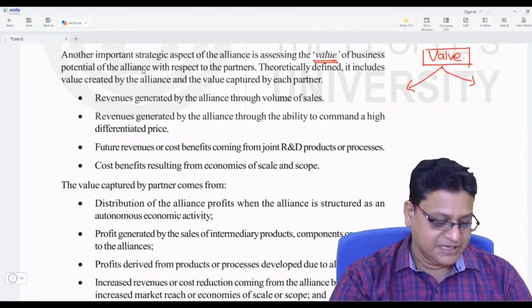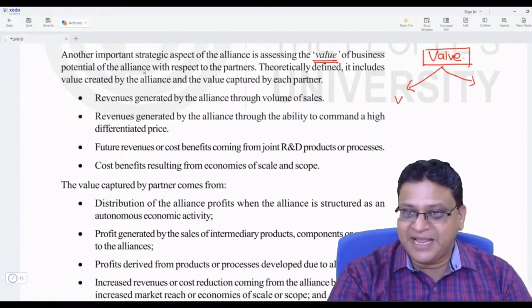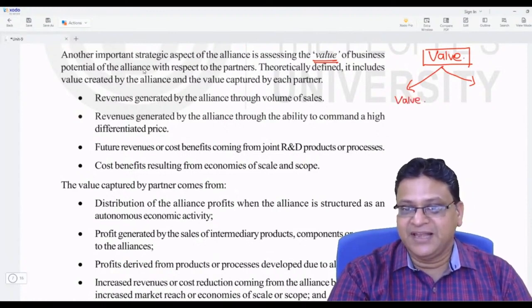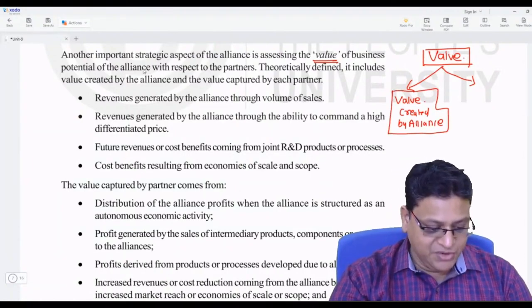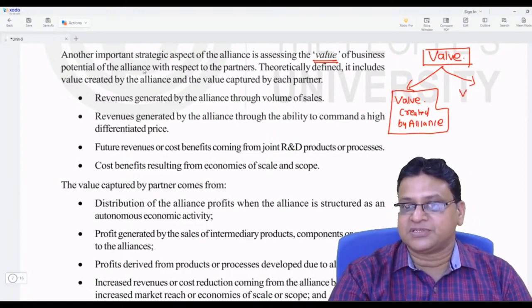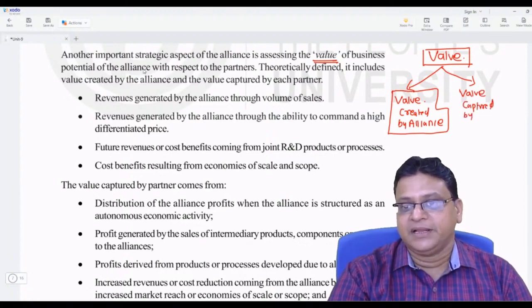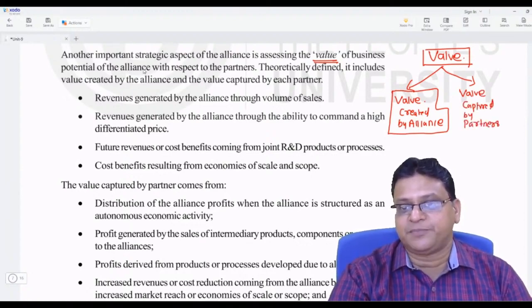First one is value created by alliance. Second one is value captured by partners. So there can be two types of value.